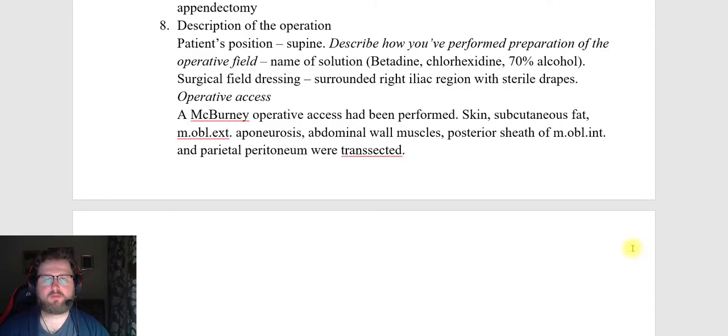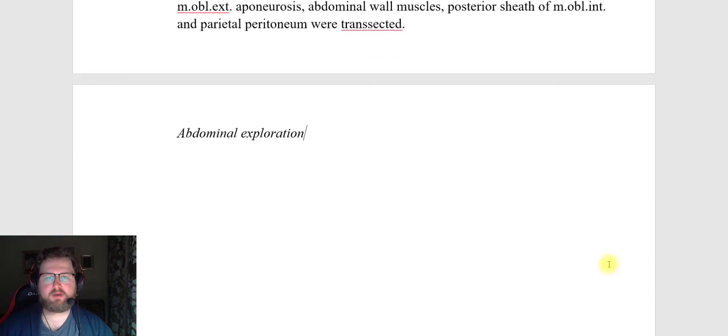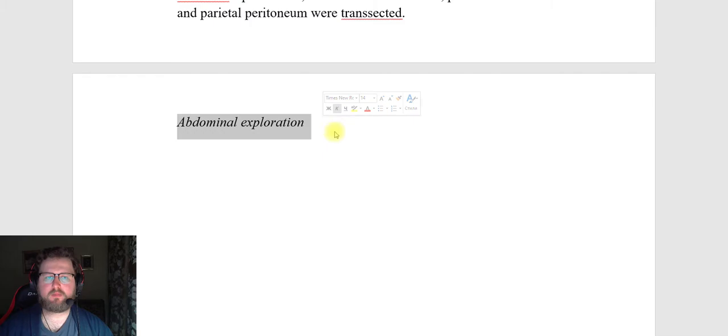Next, after we've entered the abdominal cavity, first thing we do before proceeding to surgery itself, we have to perform the abdominal exploration. In this part, you have to investigate all that is available for sight, not only the place where there is a disease you are about to treat, but all available parts of the abdomen and all available organs.